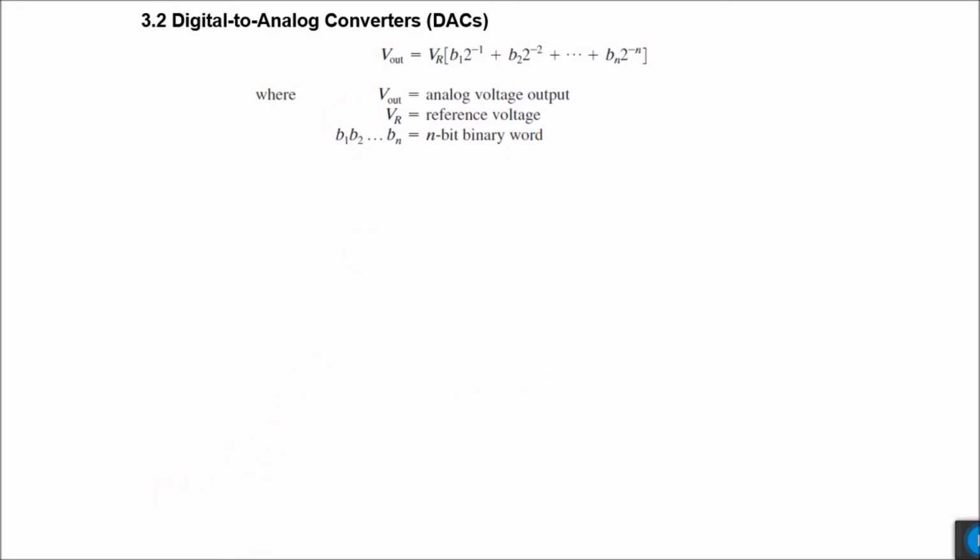This formula right here represents the relationship between the analog V out and the digital data, that is the binary data represented by B0, B1, B2, B3 up to Bn. So V out is the analog voltage output, VR is the reference voltage, that is the maximum voltage that can be achieved at the output of the DAC, and these B's are the binary bits, an n-bit binary word.